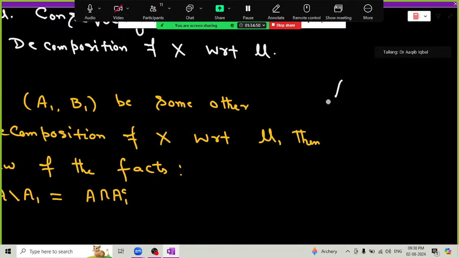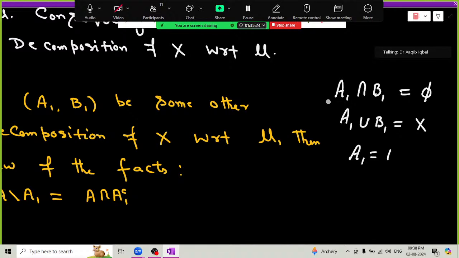It means this: A1 intersected with B1 is phi, and A1 union B1 is X. And this means actually A1 is B1 complement and B1 is A1 complement, है ना?